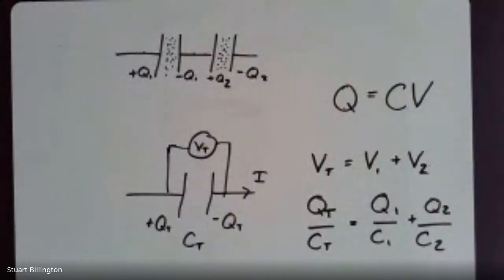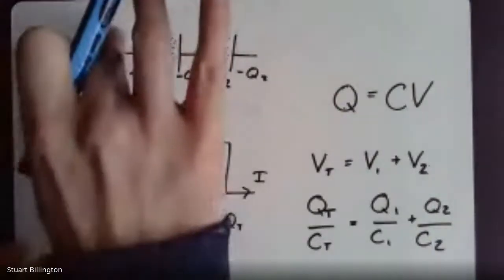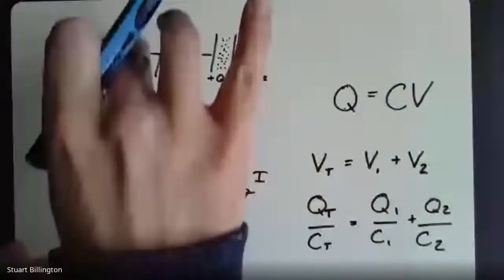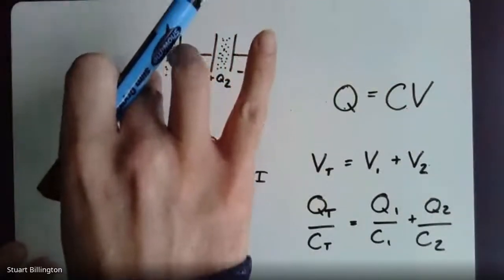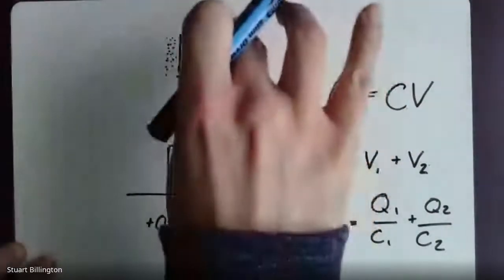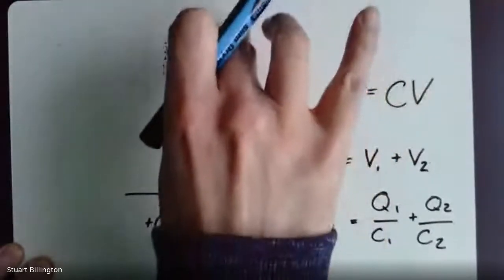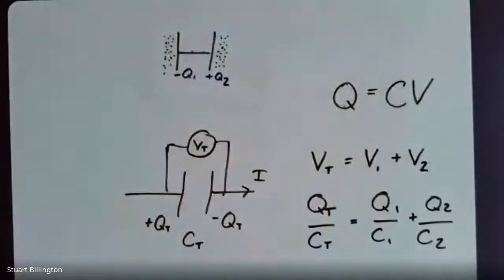Does that help? Okay, let me remove more bits of the diagram. Charge cannot pass through that dielectric, so I couldn't care less what's happening the other side of it. Does that help?